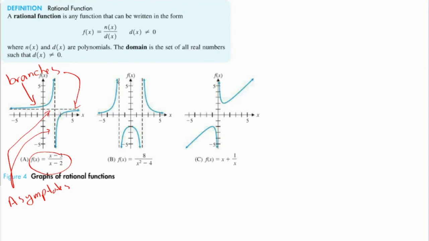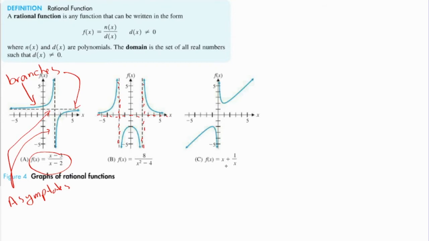And again, here we can see the vertical asymptotes. For example b, the horizontal asymptote happens to be on the x-axis. And b is the function 8 over x squared minus 4.